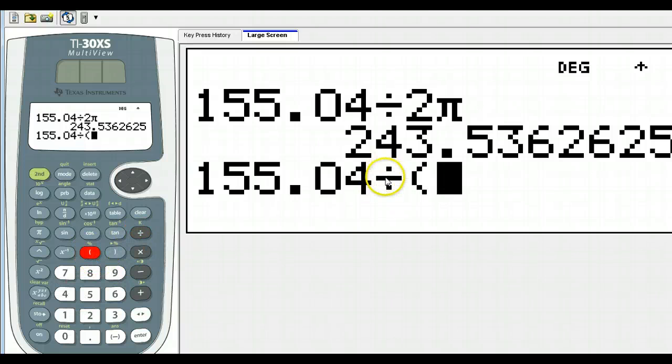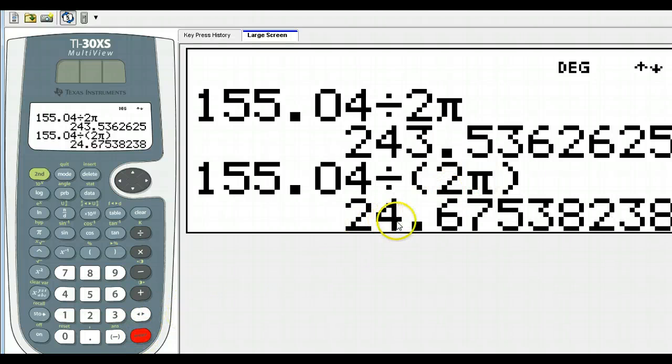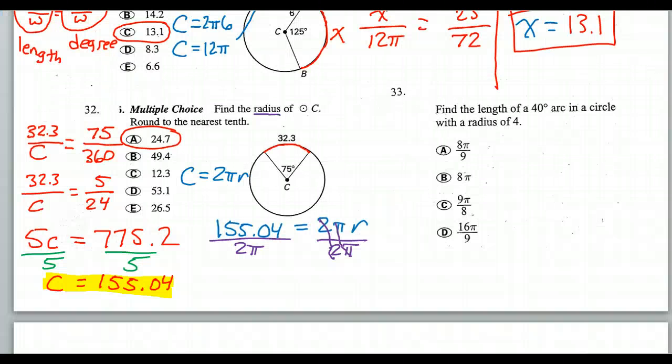But if you want to use this kind of a symbol, you have to type in 2 pi in parentheses. It has to be in parentheses, so that way you're dividing by all of it, not just the 2. And now you see we'll get the same 24.7 that we got when we did it the fraction way. Okay, so watch out for that. Anyway, the answer was A.